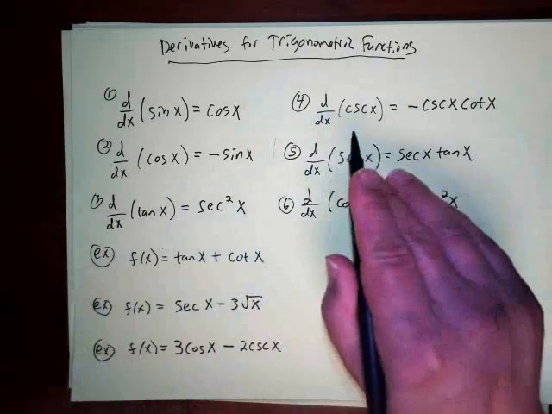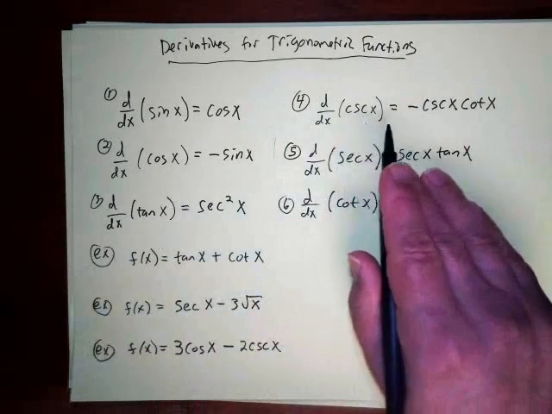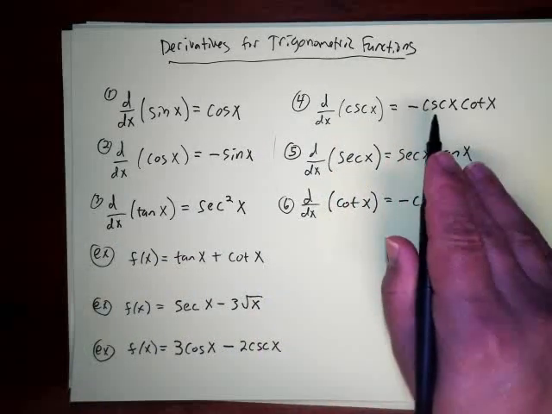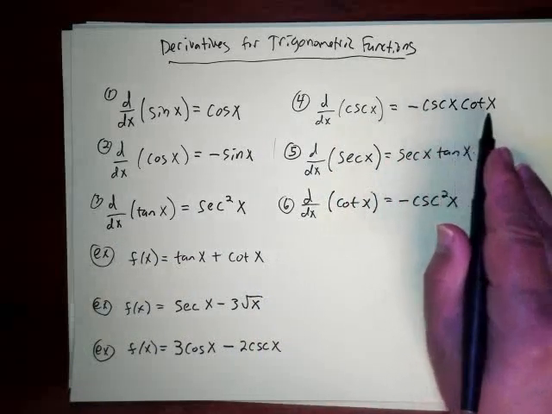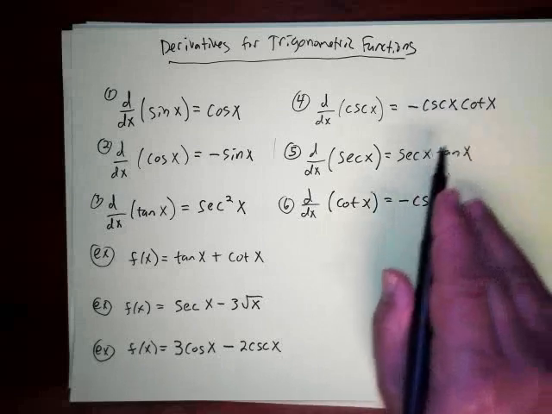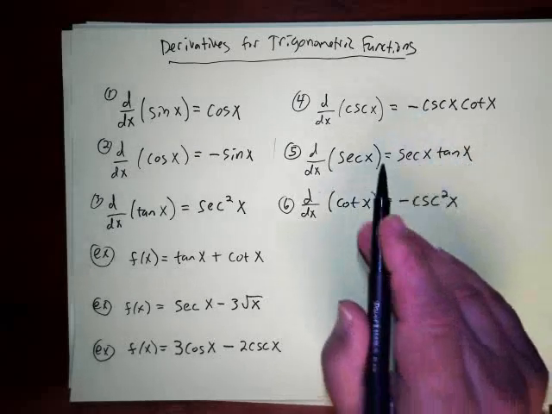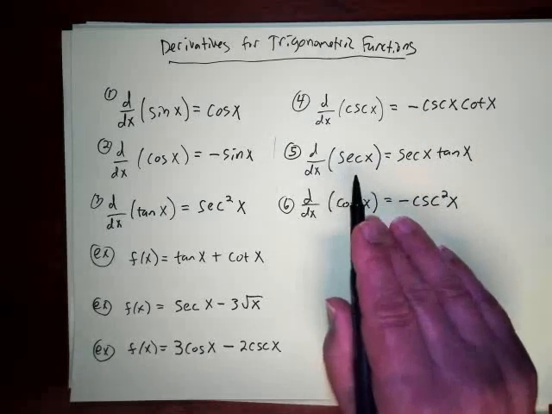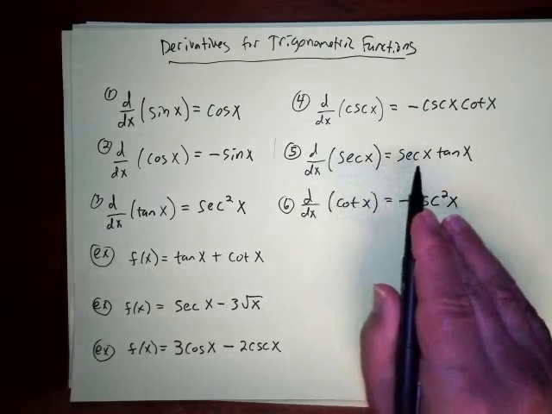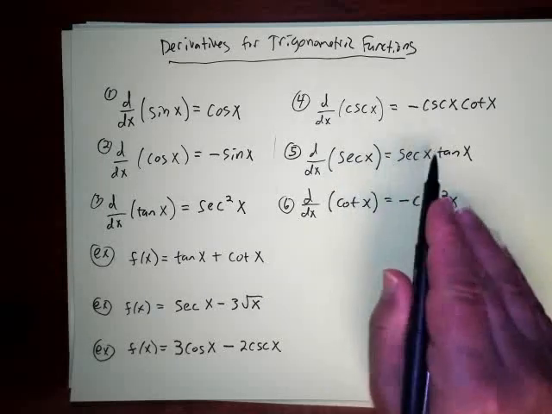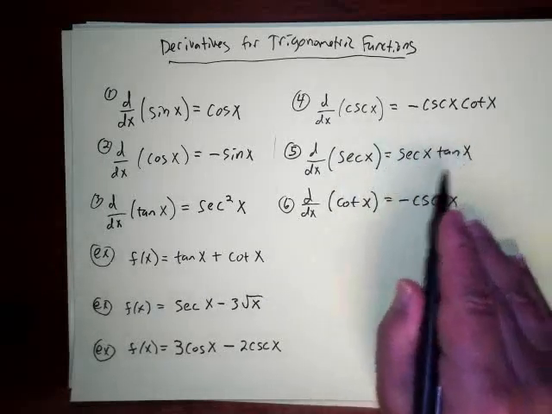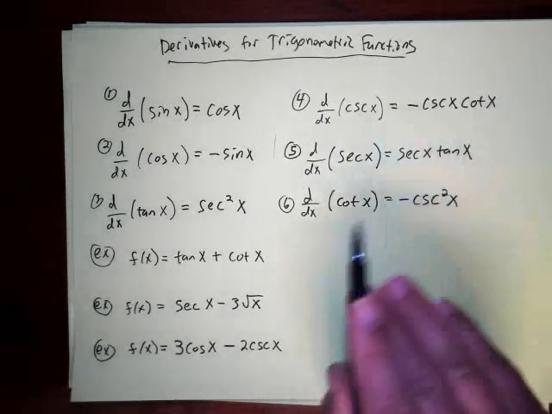For cosecant x, this is kind of strange. It's the opposite of cosecant x times cotangent x. And for secant x, it's secant x times tangent x. So this is kind of weird because the derivative of secant x is secant x times tangent of x. So the function itself is included in the derivative along with tangent of x.